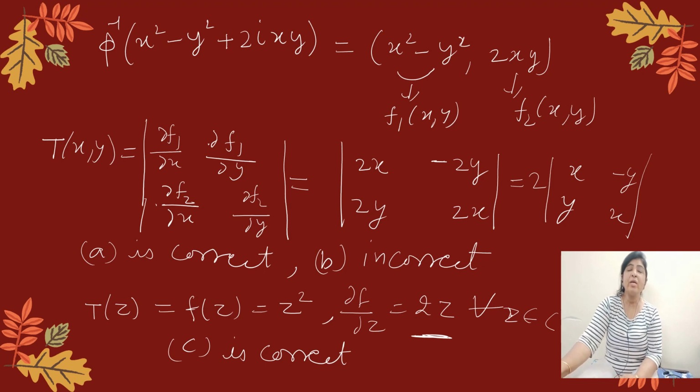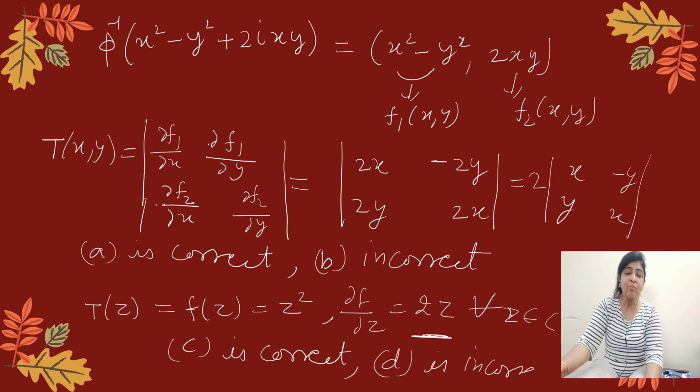And D says del f by del z is equal to 2z only at 0 in C, which is not possible, so D is incorrect. So out of four options, options A and C are correct.